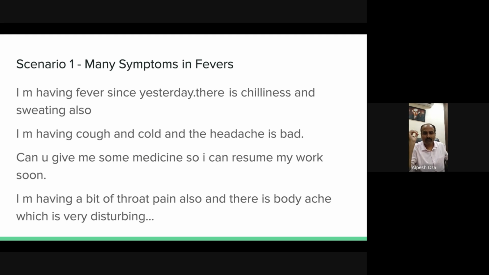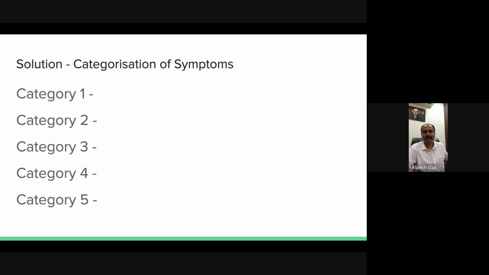So, when you see such a case, the solution to this problem is categorization of symptoms. There are different categories in fever cases which you need to understand. I've just labeled it as category 1, 2, 3, 4, 5.